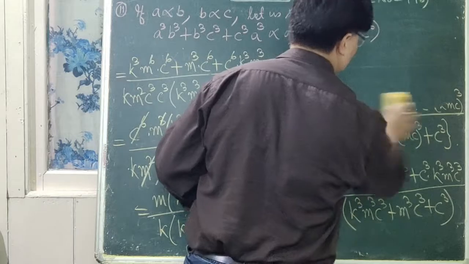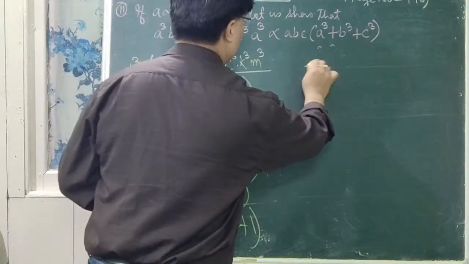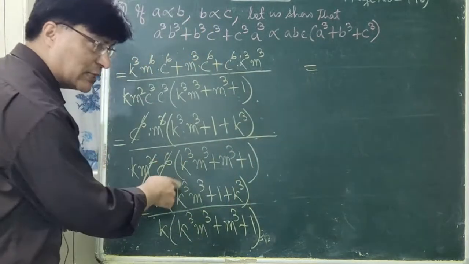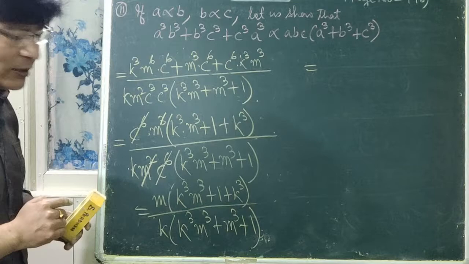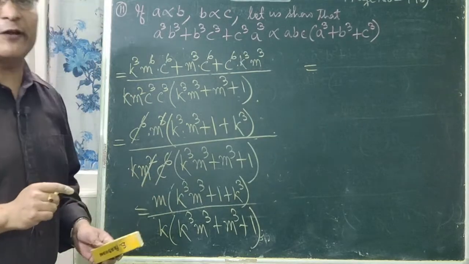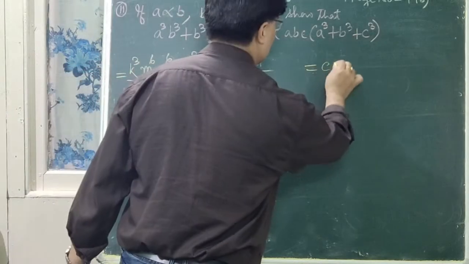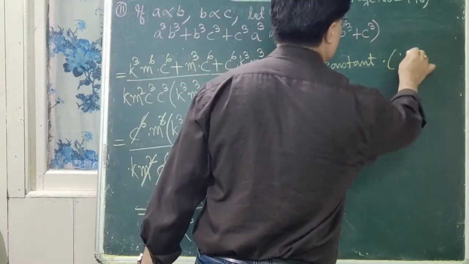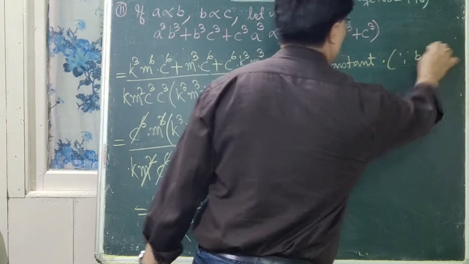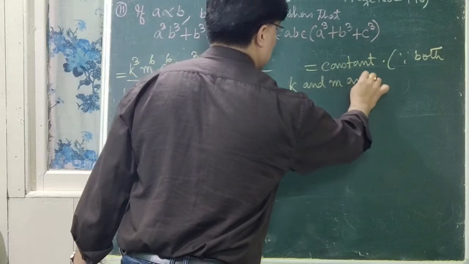Okay, so this is constant quantity because it is free from A, B and C, which are the three variables out here, and since this expression is free from A, B and C, this is a constant quantity. So you can write here constant, since both K and M are constants.